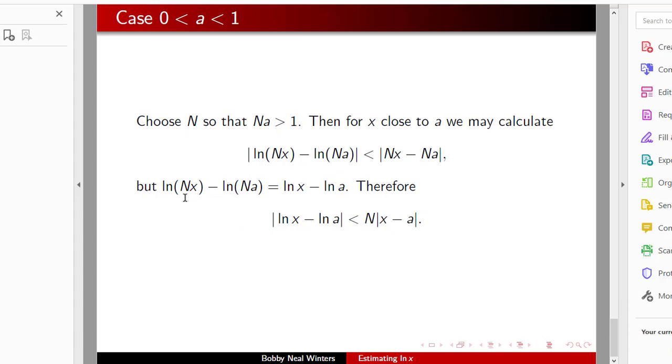But we can also calculate that the natural log of Nx minus the natural log of Na is equal to the natural log of x minus the natural log of a, and so we can get that the absolute value of the natural log of x minus the natural log of a is less than capital N times the absolute value of x minus a. And so again, we have an inequality on how far the natural log of x can be from the natural log of a.